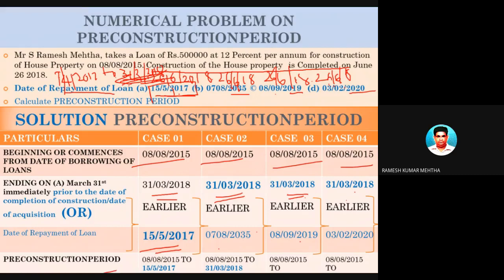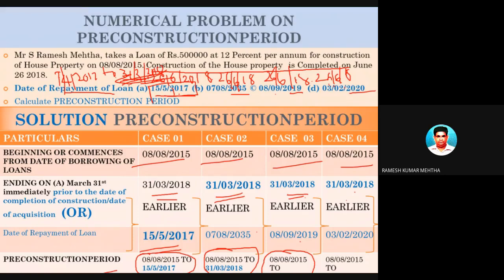So the pre-construction period for the first house property is from 8th August 2015 to 15th May 2017. For the second, third and last house properties, it is 8th August 2015 to 31st March 2018.